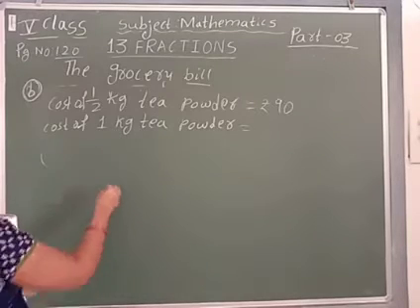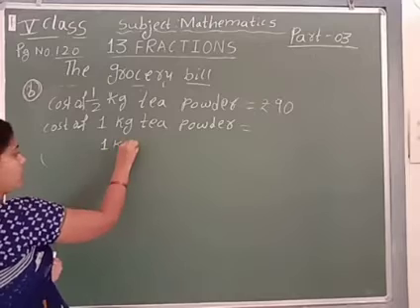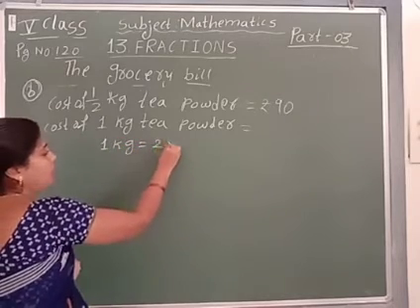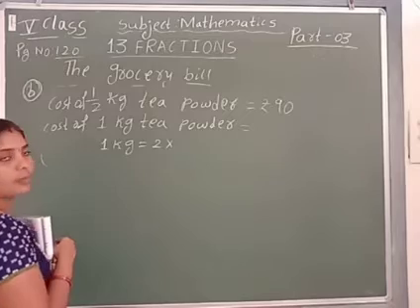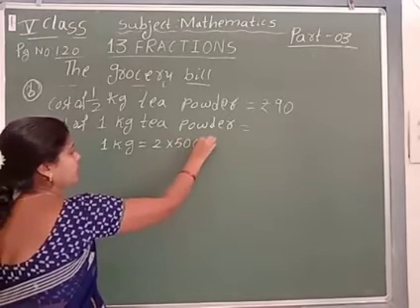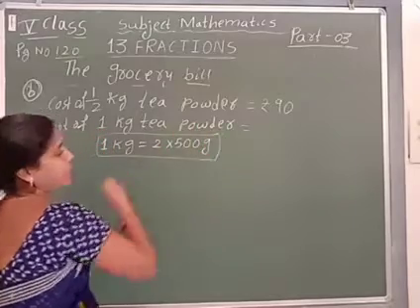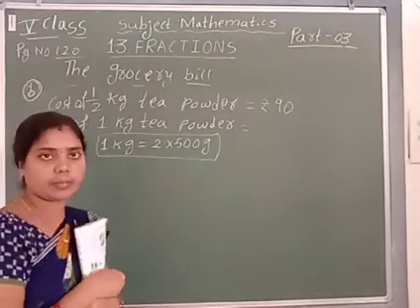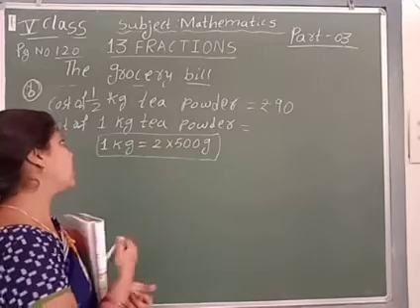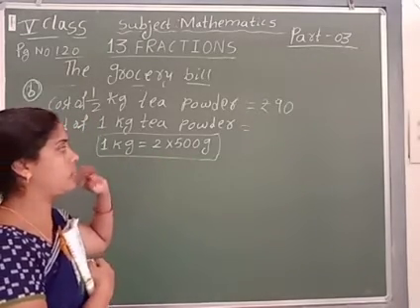See here, 1 kg equals 2 into 500 grams. 500 grams means half kg, no? You know that. So 1 kg equals 2 into 500 grams.